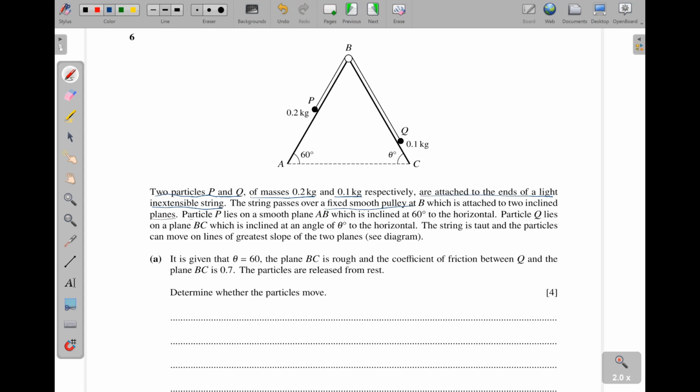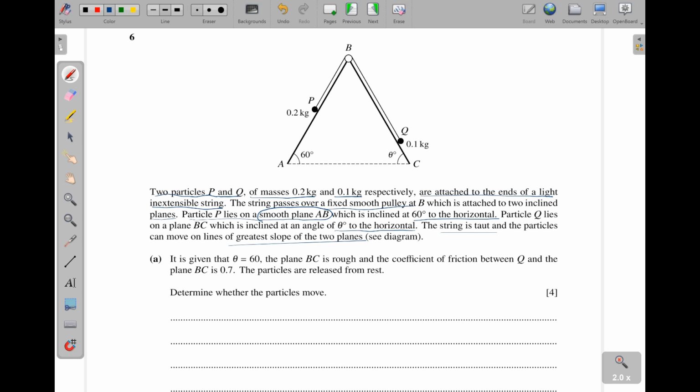That means there is no friction here. Particle P lies on the smooth plane AB. This is very important. That means there is no frictional force. Which is inclined at an angle of 60 degrees to the horizontal. Particle Q lies on a plane BC, which is inclined at an angle of theta to the horizontal. The string is taut. That means it is straightened, and the particles can move on the lines of greatest slope of the two planes.